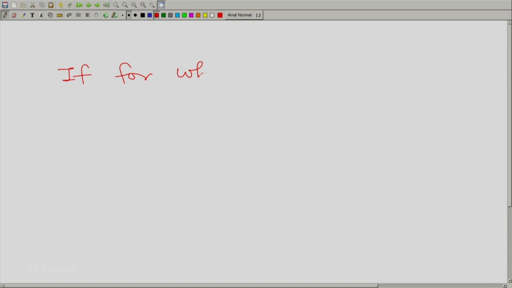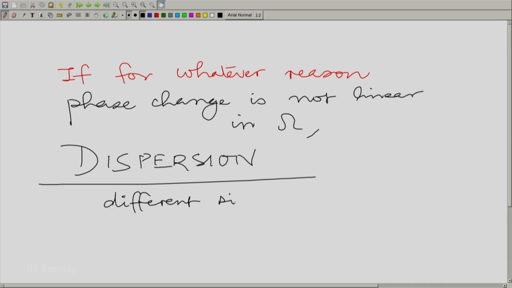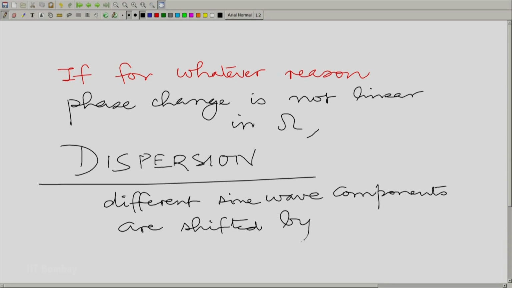And then you have a phenomenon called dispersion. So, let us write that down. If for whatever reason the phase change is not linear in omega, we get a phenomenon called dispersion. Different sine wave components are shifted by different times.